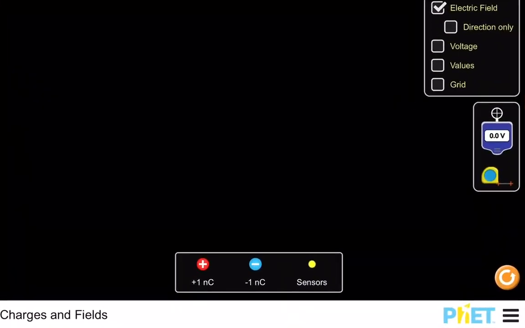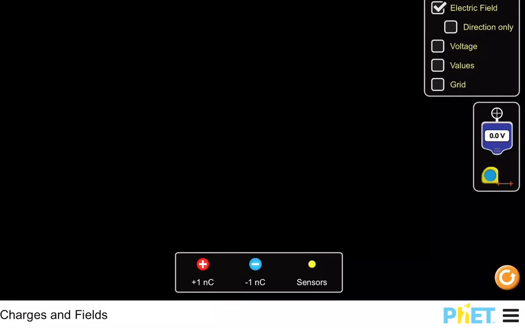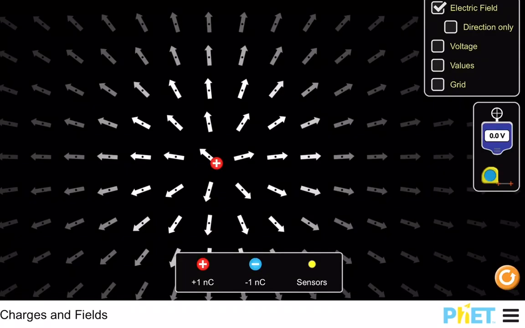Let me show you a simulation here. In this simulation, I will talk about the electric field. This is a positive charge, and all the arrows that you see here tell you the direction of the electric field. Now if I bring out the sensor, you see at this point the red arrow gives you the direction of the electric field, which is radially outward.